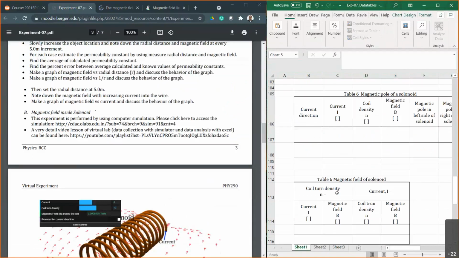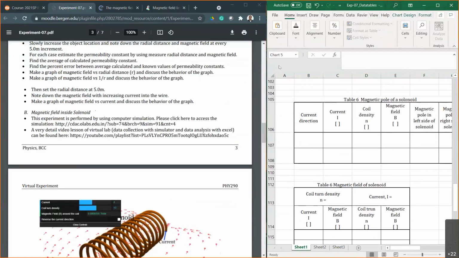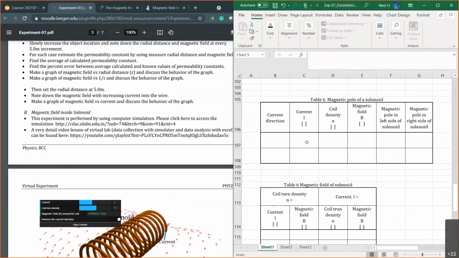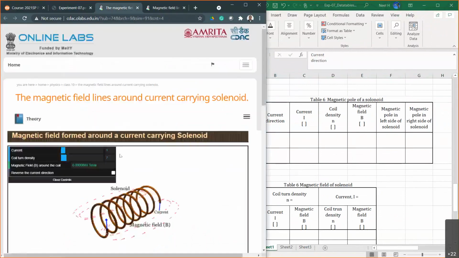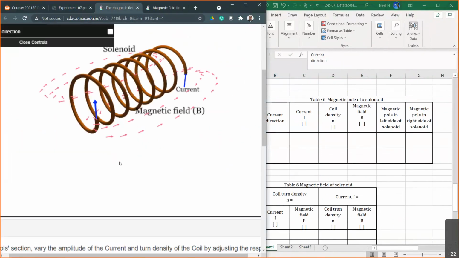All right, so we are on table number 6. We have a couple of tables there, and we'll first try to finish that. For the current direction, we have to be careful, because for a solenoid I can't say the current direction is up or down, right? So it's a completely different idea now. This is our solenoid.